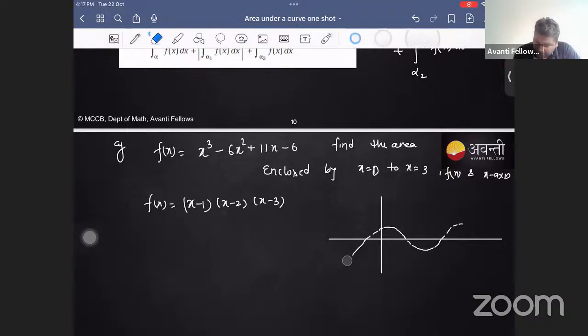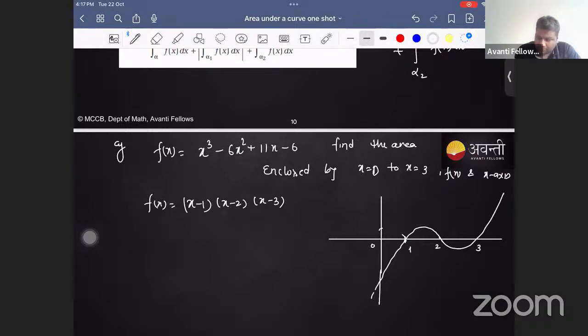Sorry, I made a little mistake in the graph. Graph will be something like one root will be 1, then 2, and then 3. 1, 2, 3, this is 0. So they are asking you to find area this from 0 to 3, then this, and then this.